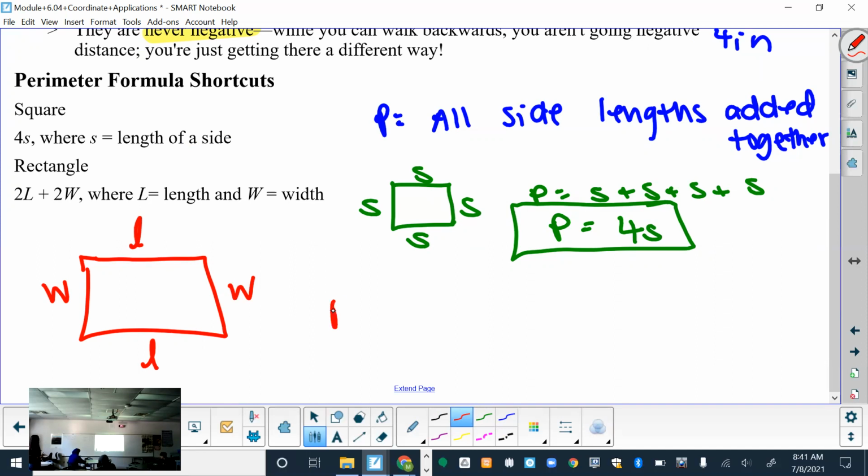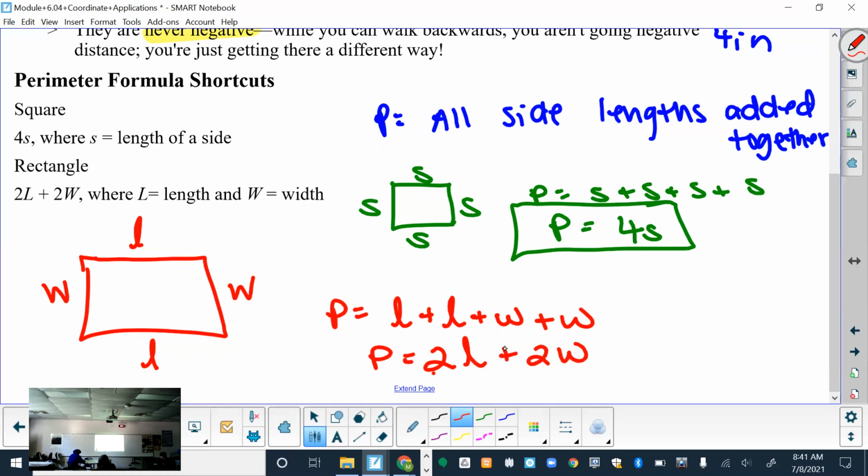So I could do my perimeter as length plus width plus length plus width. Or the shorthand of that would be 2 length plus 2 width. Exactly. All right, so that way you can do the algebra to solve for the missing side or whatever in those formulas. Makes sense? Any questions?